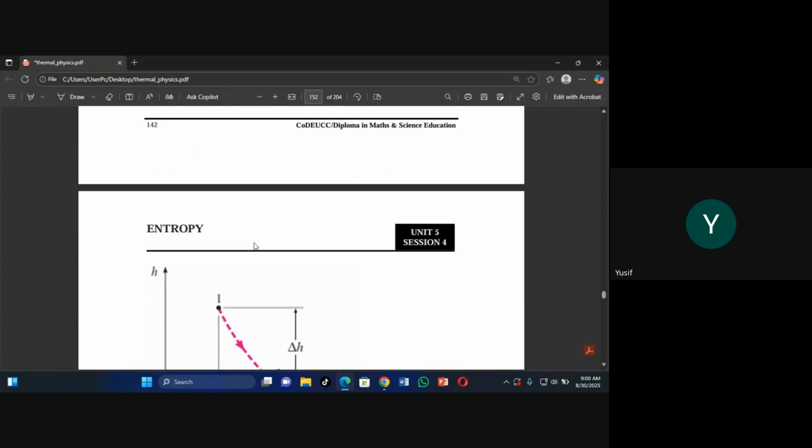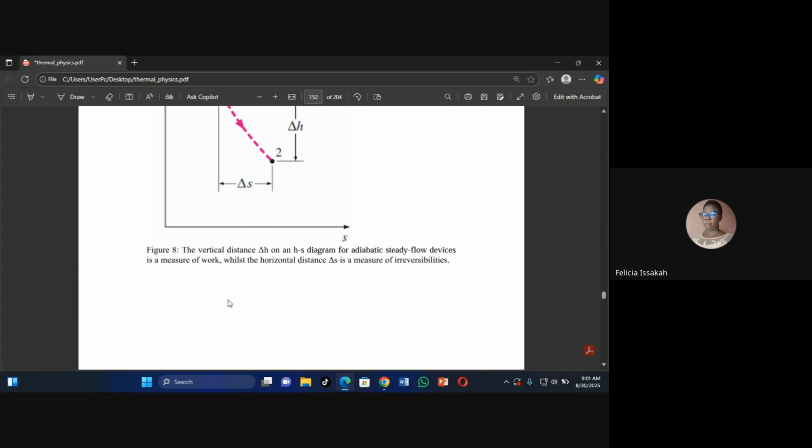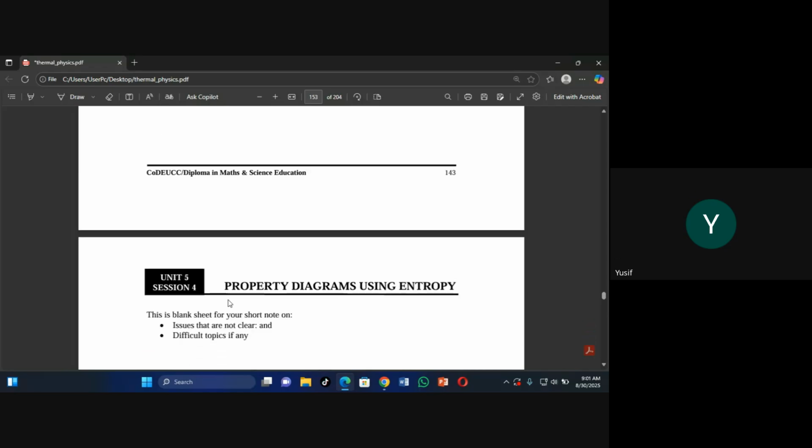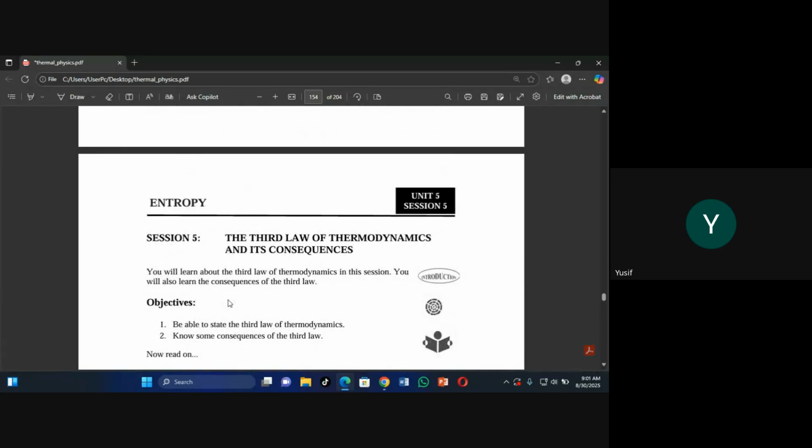But when you talk about the enthalpy entropy change, realize we have change in the enthalpy and we have also change in the entropy. The vertical distance, the H on the HS diagram for adiabatic steady flow devices is a measure of work, while the horizontal distance is the measure of irreversibilities, that's the entropy. And that brings us to the end of that one as well.